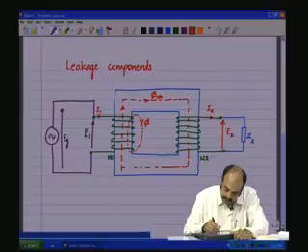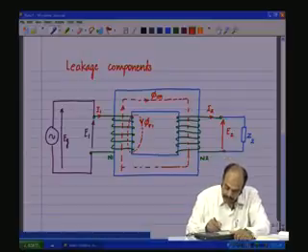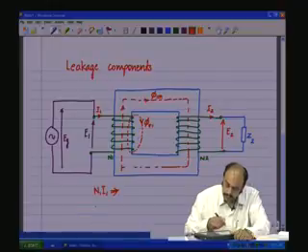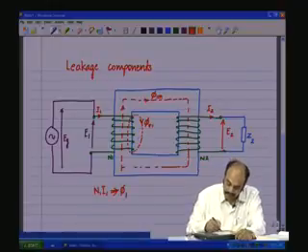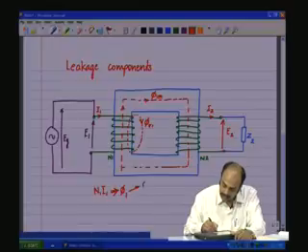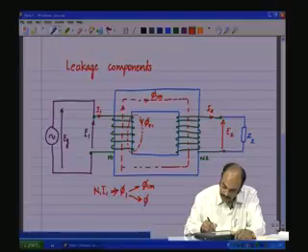Let us call that one phi sigma 1. So, in actuality N1 I1 is producing flux phi 1, but this phi 1 has two components, phi 1m and phi sigma 1.